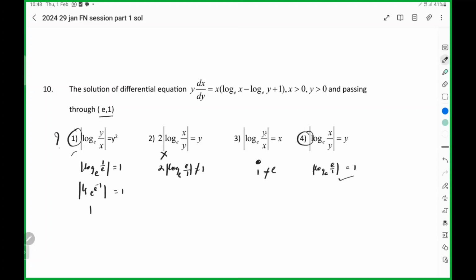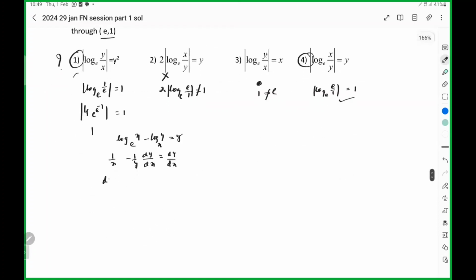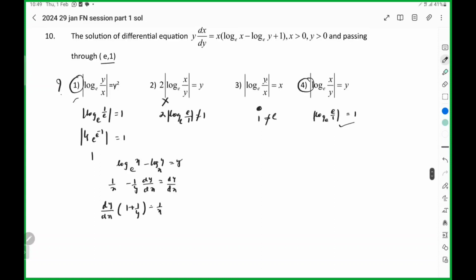So which one is correct? Differentiate the options. Suppose I differentiate the fourth option, 1 by x, 1 by y times y dash. So dy by dx into 1 plus 1 by y. So substitute that e comma 1.